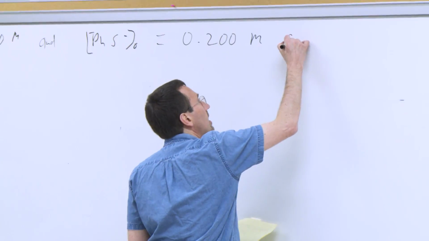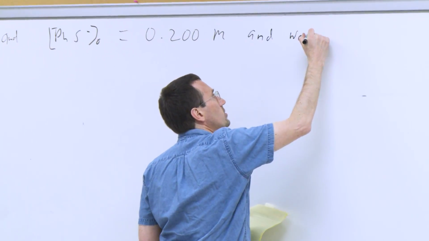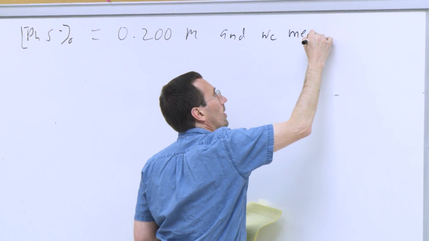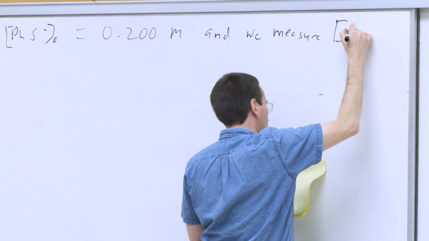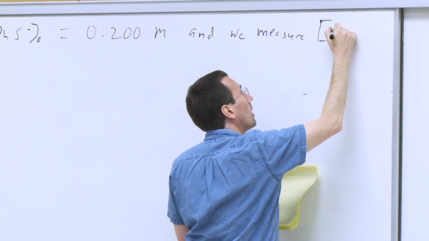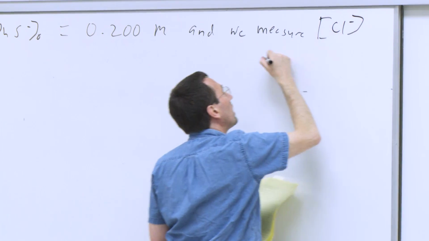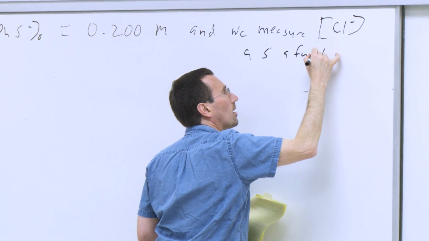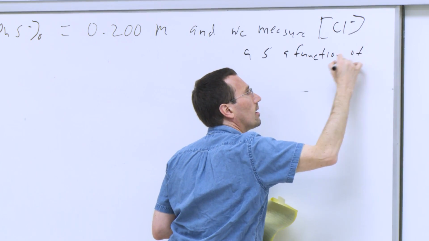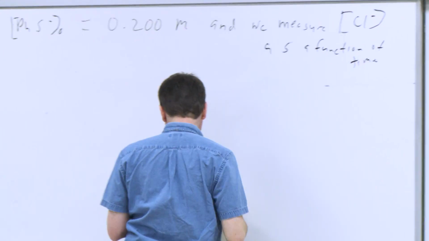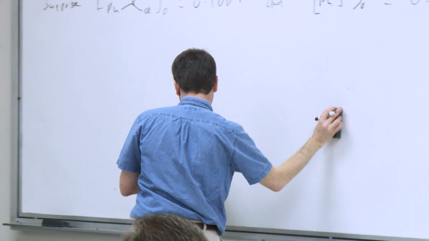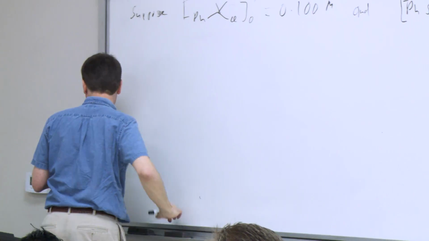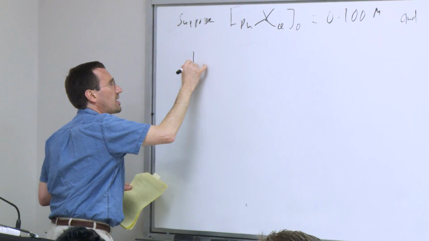So I'll say, and we measure concentration of chloride as a function of time. And I'm just going to make up a little hypothetical data table here and show how we might analyze this reaction.